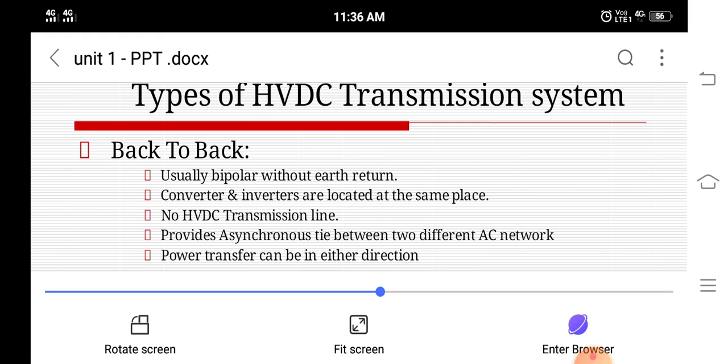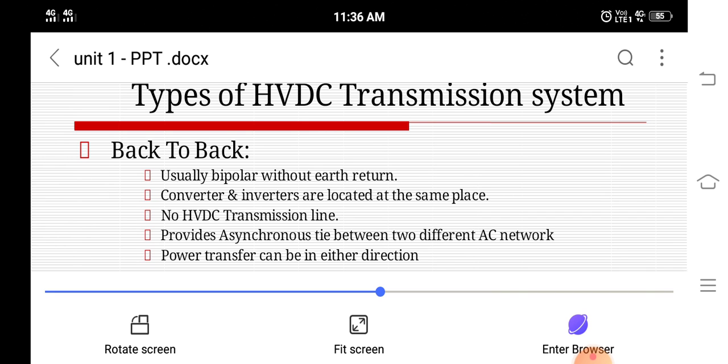An HVDC transmission line is not applicable across the back-to-back connection because the sending side has one converter station and the receiving side has one converter station, both connected anti-parallel over a short distance, so there is no HVDC transmission line.